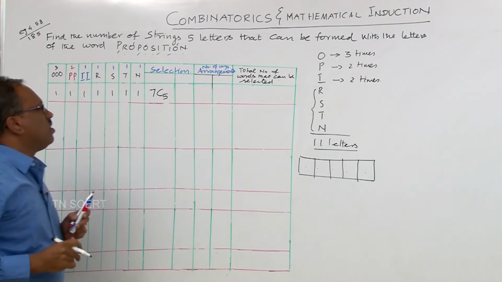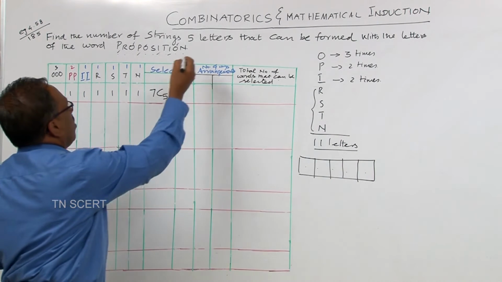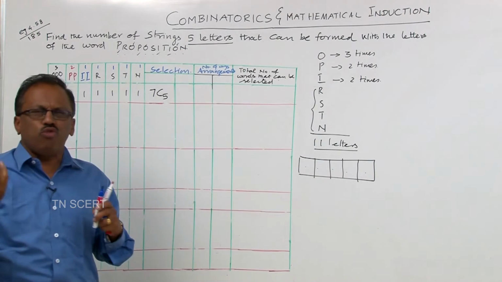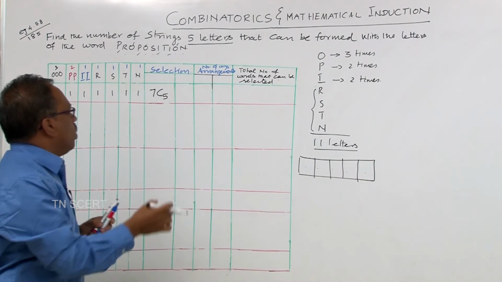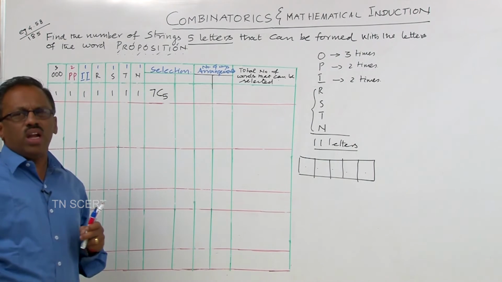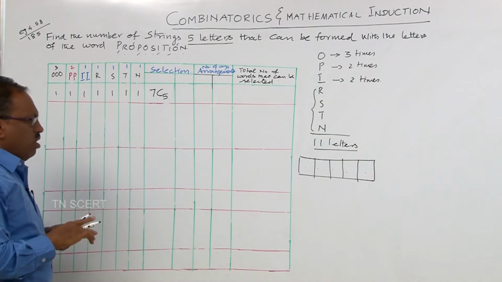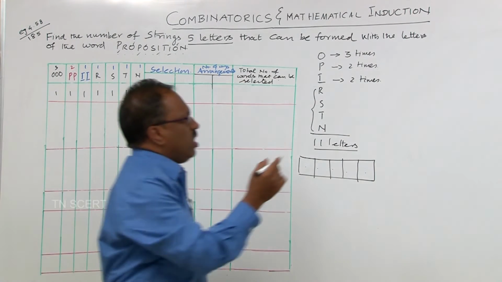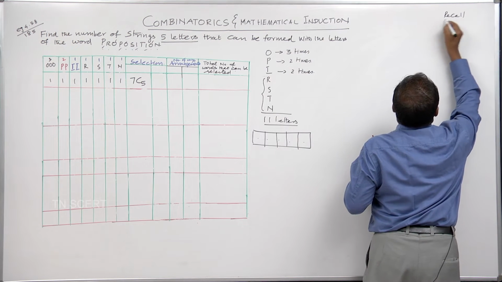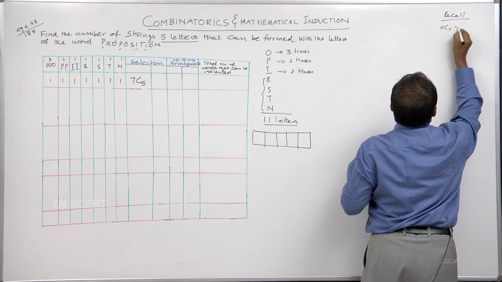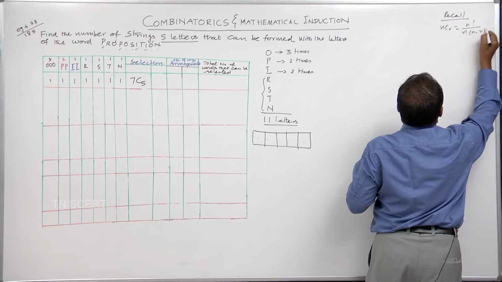7C5 here. Out of 7, only 5 letters. Here a 5 letter word can be formed. We have to frame a 5 letter word. So that means out of 7, 5 letters can be chosen. And for the process, we have to recall nCr, that is n factorial by r factorial into (n minus r) factorial.